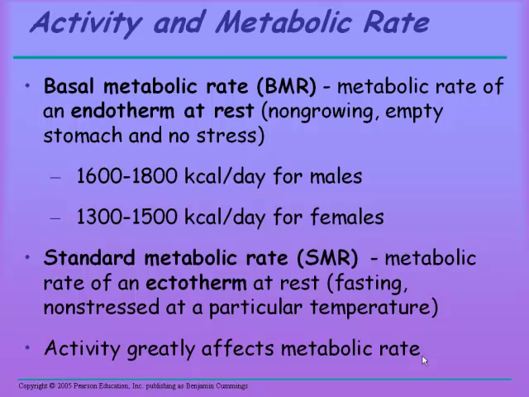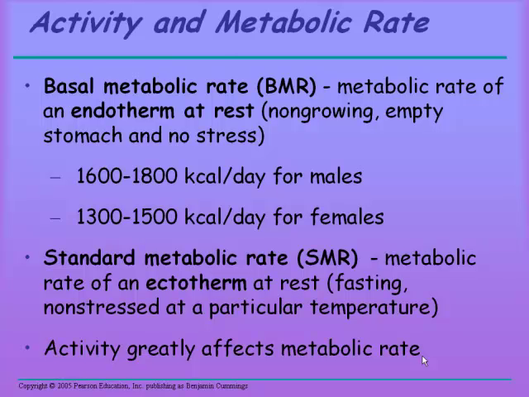Okay, so the difference between a basal metabolic rate and a standard metabolic rate. The BMR is used for measuring the metabolic rate of an endotherm. Okay, so we've gone over the difference between an endotherm and an ectotherm. So for an endotherm, this is measured non-growing, on an empty stomach, and with no stress.